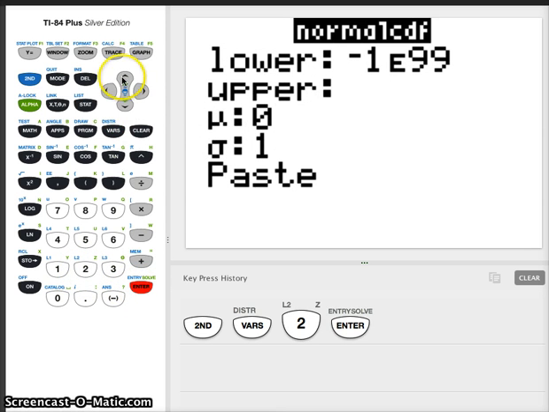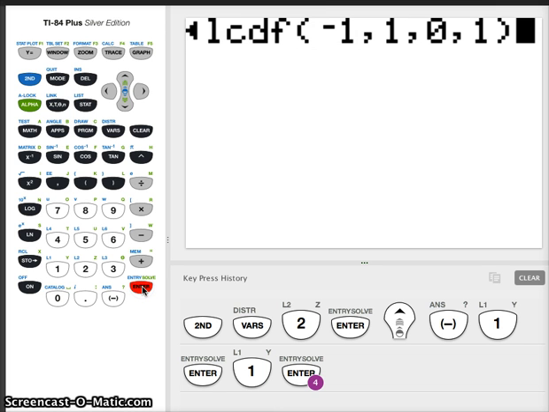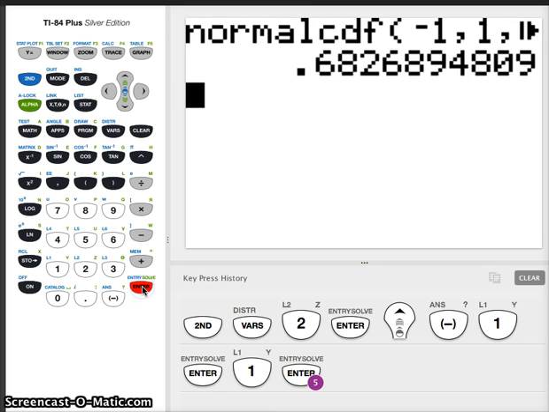And the lower is -1, the upper is 1. In this case, it's a standard normal curve. The mean is 0 and the standard deviation is 1. Let's paste that, okay? And is that number 68%? It sure is, okay? So that's important.